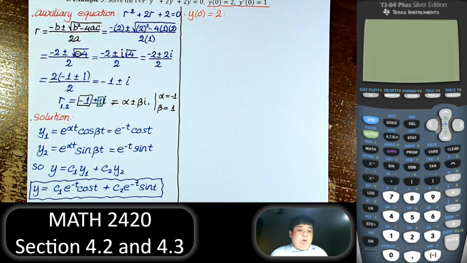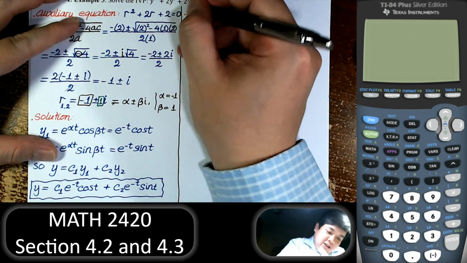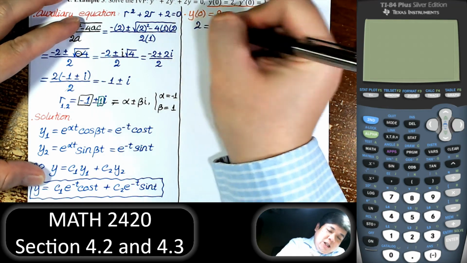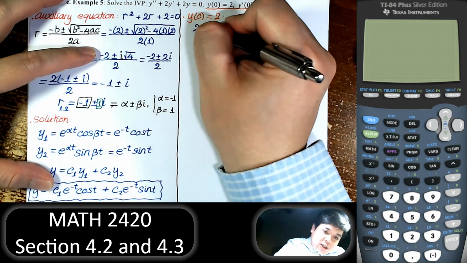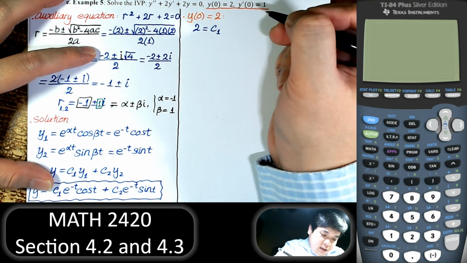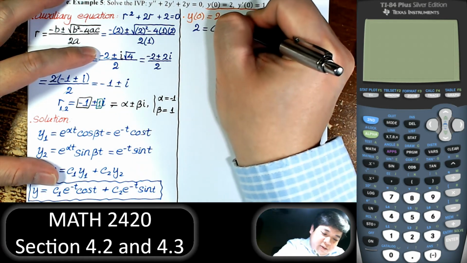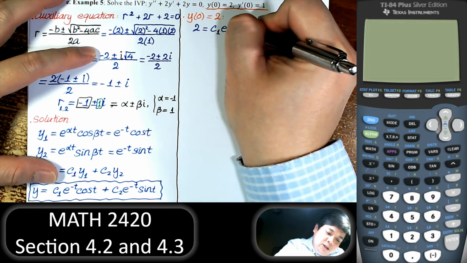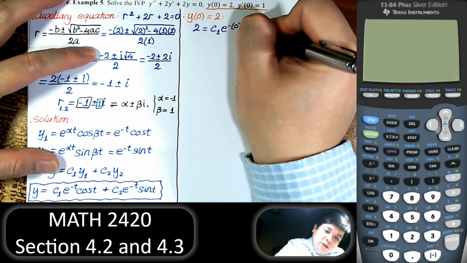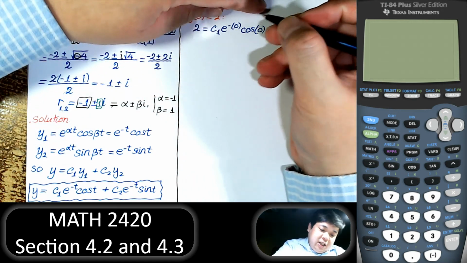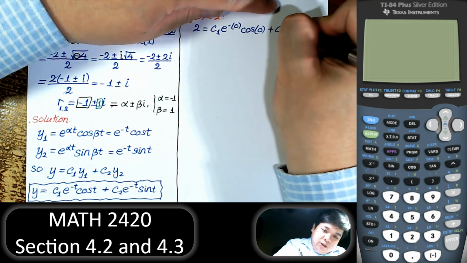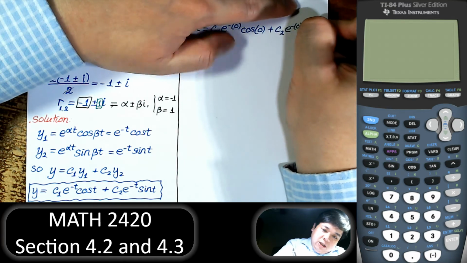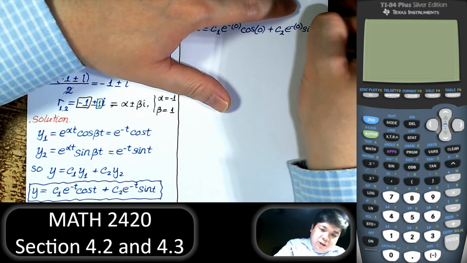So obviously we're going to put 0 in for t and make that equal to 2. 2 equal to c1 e to the negative 0 cosine of 0, just put 0 for t, plus c2 e to negative 0 sine of 0.